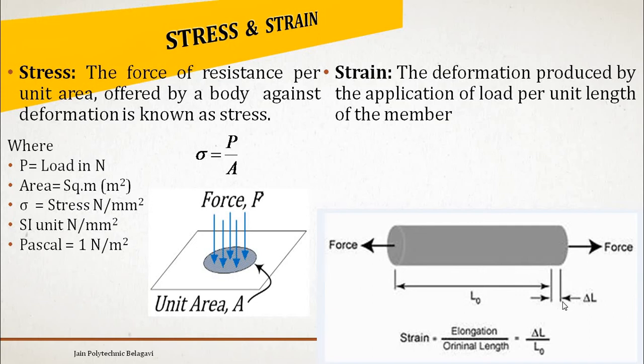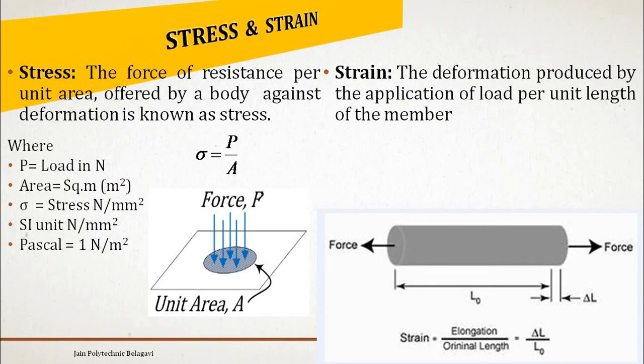That change in length, or elongation, to the original length is said to be strain. Elongation is in millimeter, original length is also in millimeter, so both get cancelled. Strain will not have any unit.